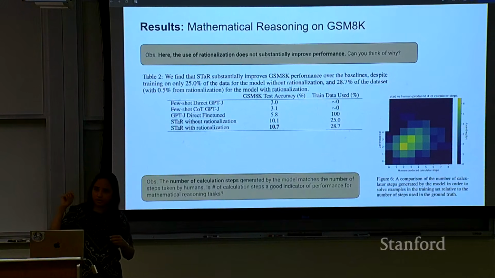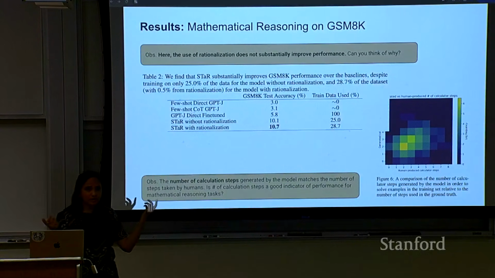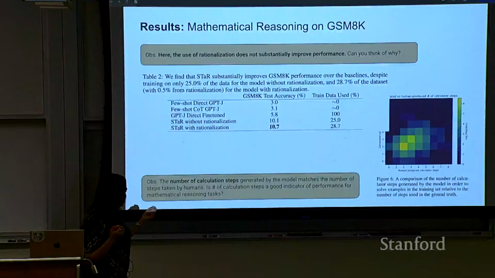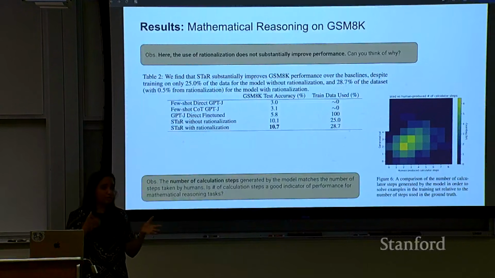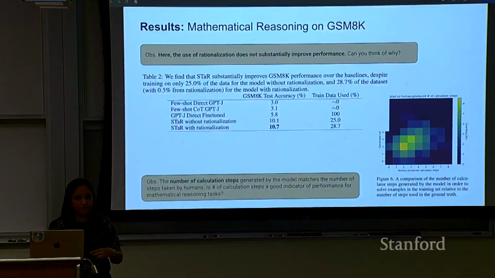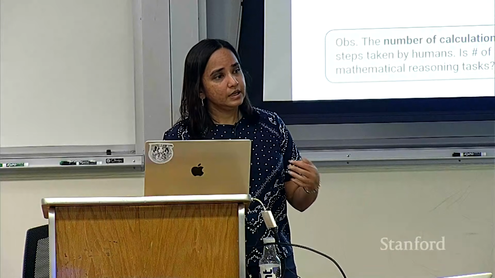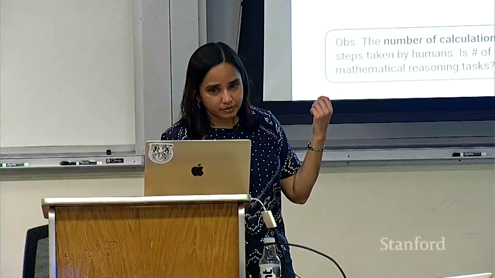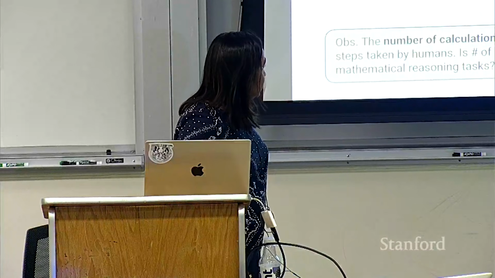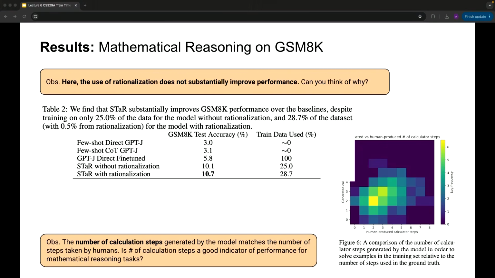If you force the model to use chain of thought versus you provide these rationalization steps, it's pretty similar. So in some ways, it was not helping if the problem is too simple. The whole notion of getting the model to reason, if the problem is too simple, was not helping. GSM8K for GPT-4 was very much within capability. Similarly for GPT-J, there was not much improvement here, but it did show that direct fine-tuning versus STaR with rationalization, you still had some gains.